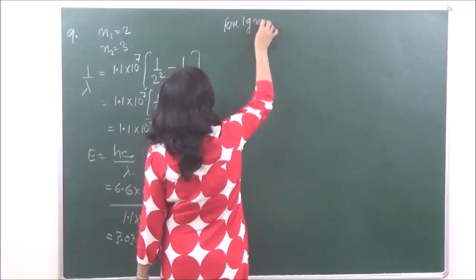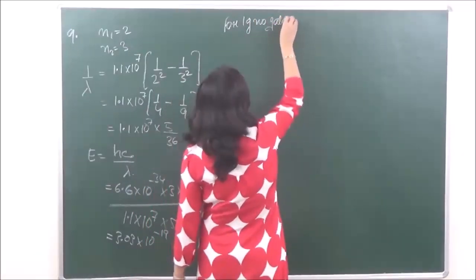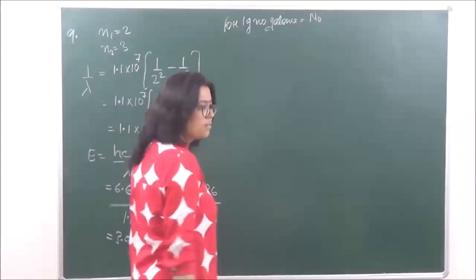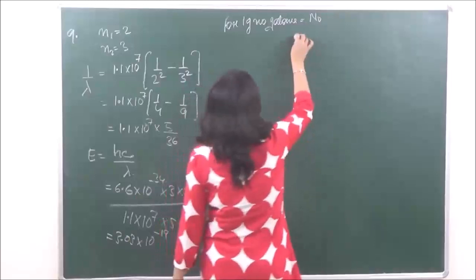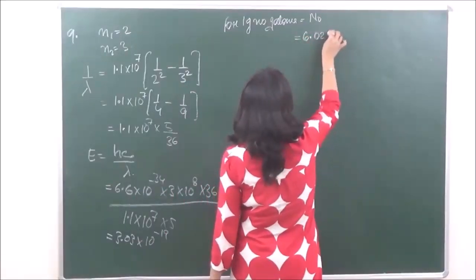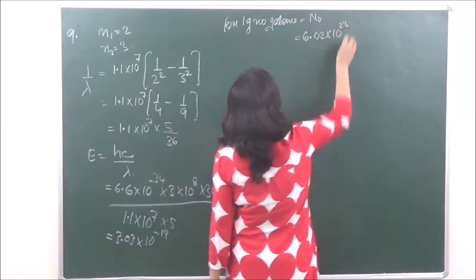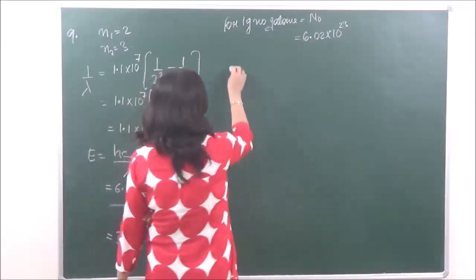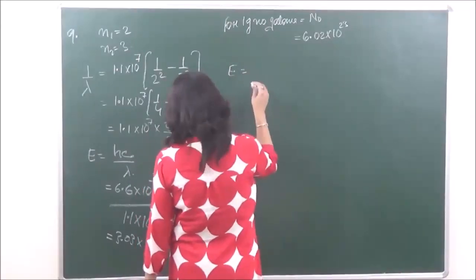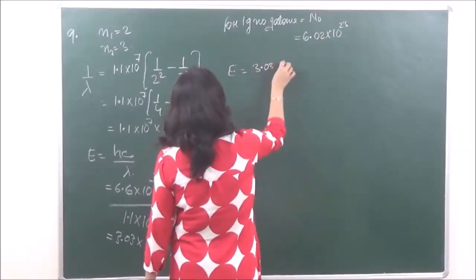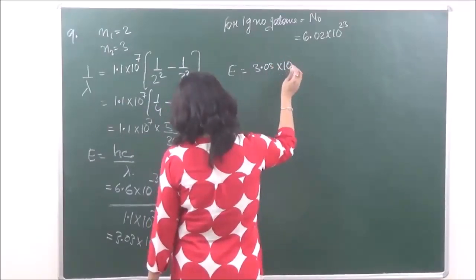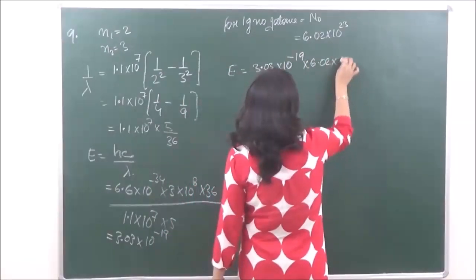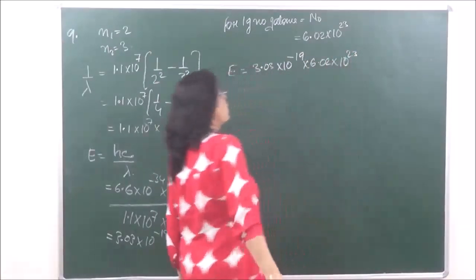So for 1 gram, the number of atoms is going to be equal to N0, which is Avogadro's number. This is an important question again. So this is 6.02 into 10 raised to power 23. So let's multiply, energy for 1 gram will be equal to 3.03 into 10 raised to power minus 19 into 6.02 into 10 raised to power 23.